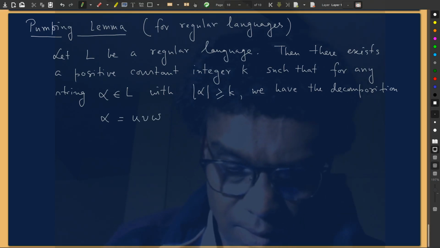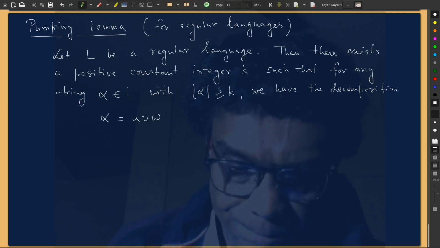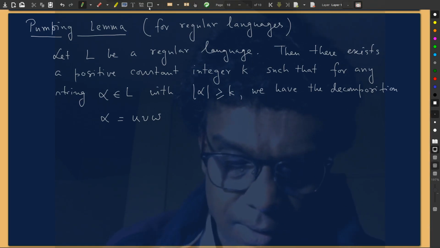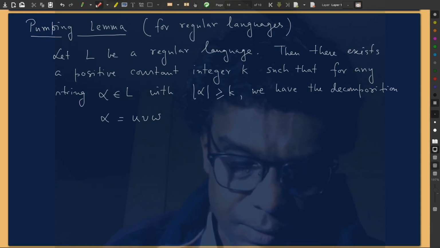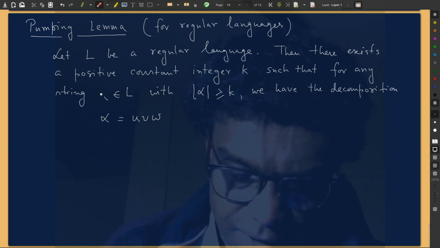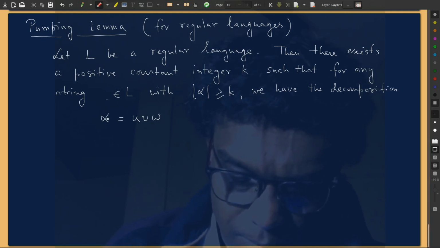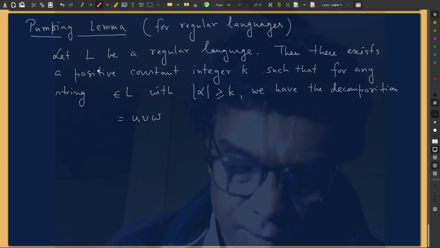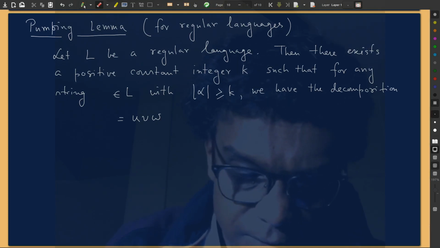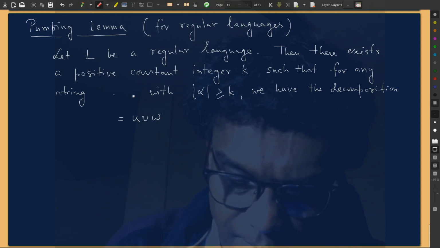Okay, I will make it a little bit different. Instead of doing this, for some convenience, I will not consider alpha as such.